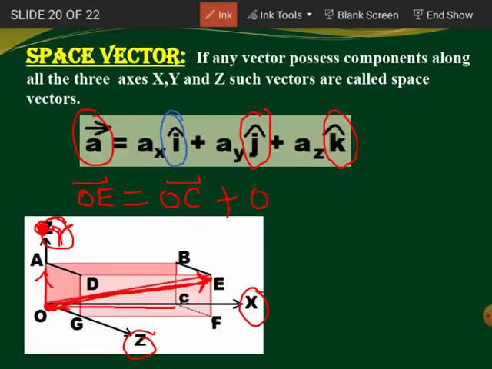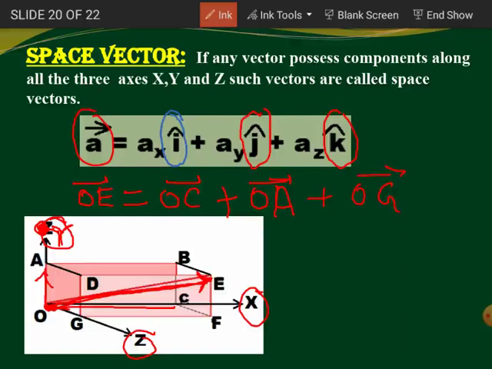So we can write it as the OA vector, plus OG will represent the component of this OE along the z-axis, like this.